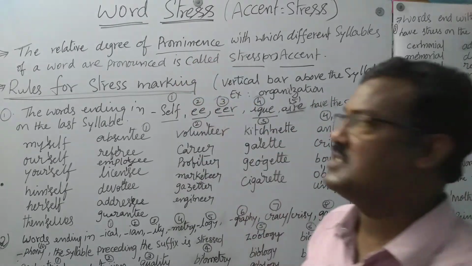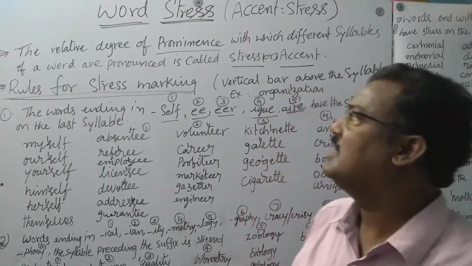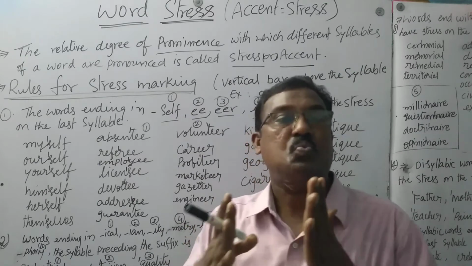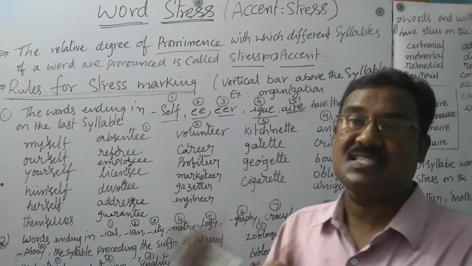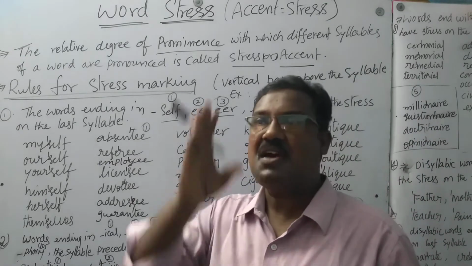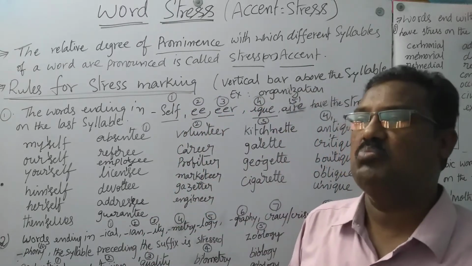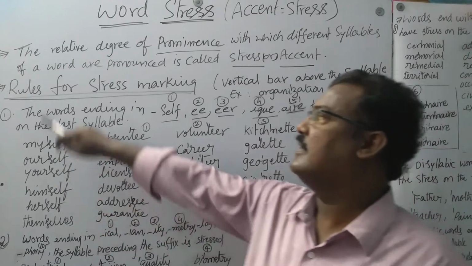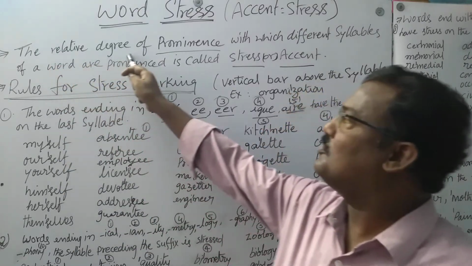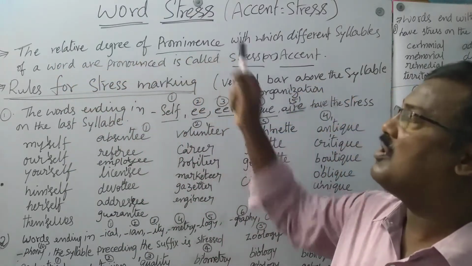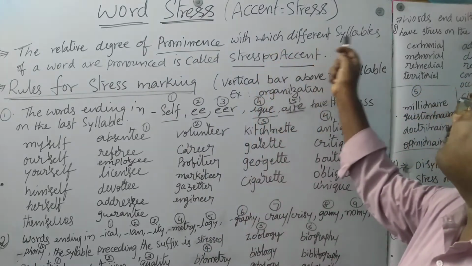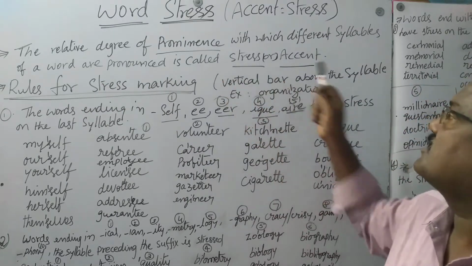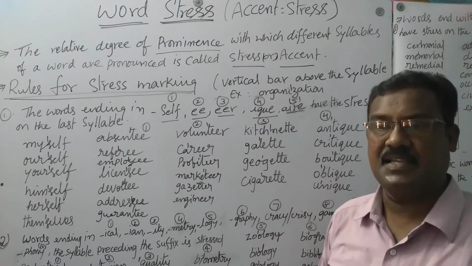Now, my dear students, what is the definition of stress? The extra force we use to pronounce one of the syllables in the word, where we use one vertical bar, that is called stress or accent. Definition: the relative degree of prominence with which the different syllables of a word are pronounced is called stress or accent.